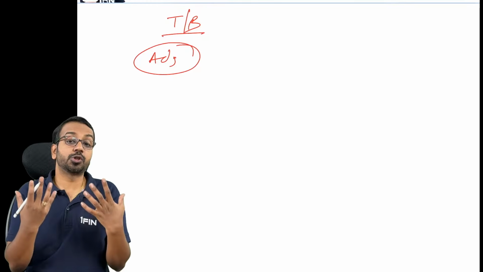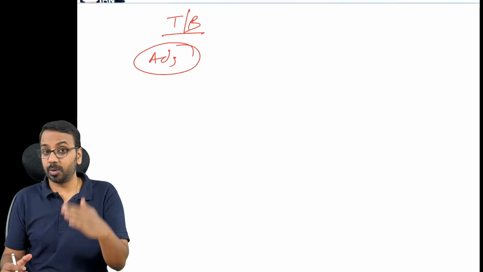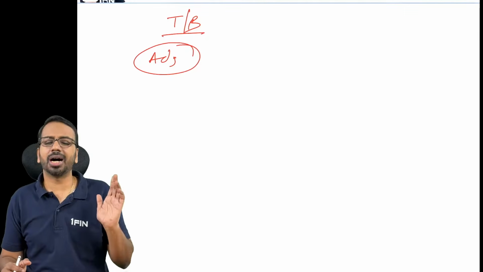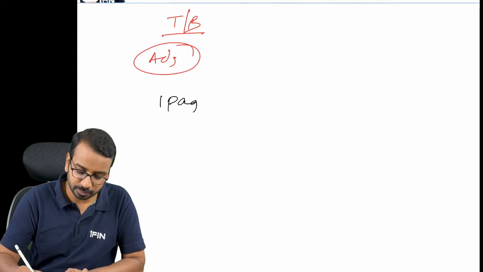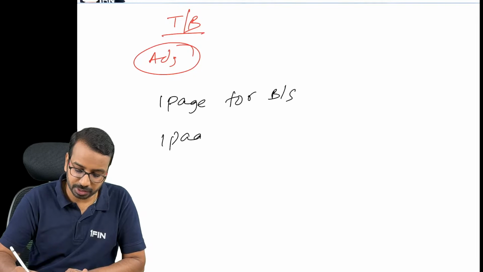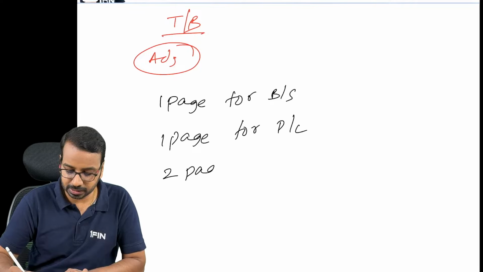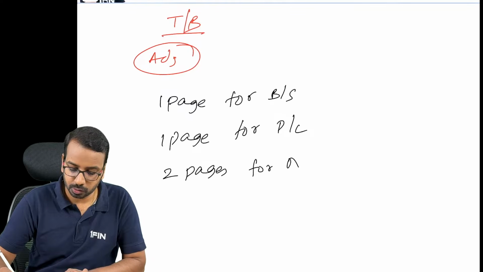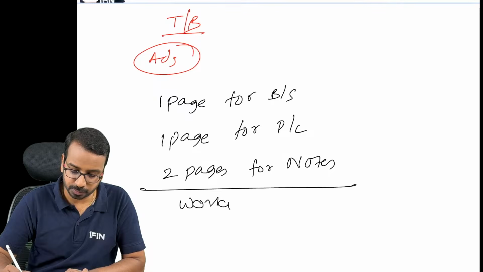I was someone who used to prepare working notes at the beginning. Now, if you are comfortable with working notes in the beginning, go ahead. Otherwise, what I suggest is leave 1 page for balance sheet, 1 page for P&L, 2 pages after that for notes. After this, you can have your working notes.